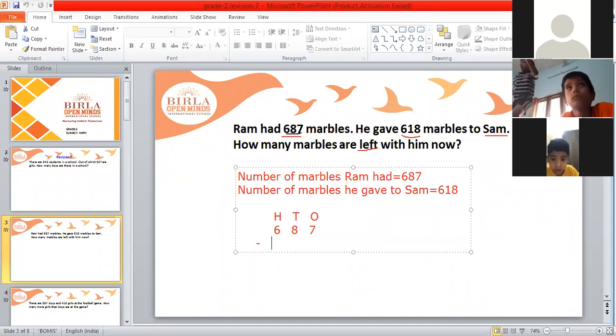Now we'll write our next number, 618, and beside that number we'll put minus sign. Okay. Now we will subtract these two numbers.